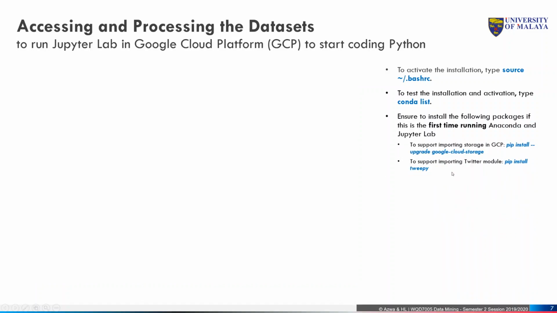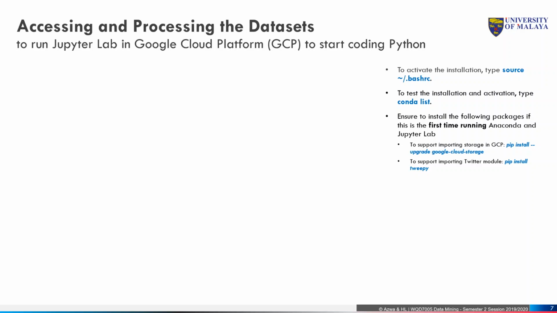Now, in order for us to also ensure we are able to run our commands and our code, based on how we're going to retrieve some of the data that we have crawled online in near real time, the first thing we would highly recommend to all our users, if this is the first time you're running Anaconda and Jupyter Lab for our group assignment, is to install two important packages.